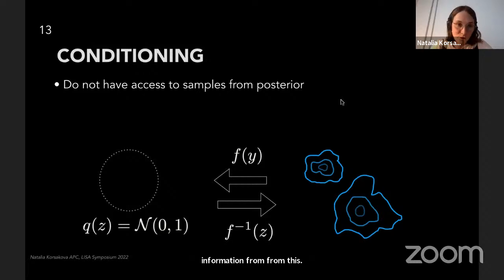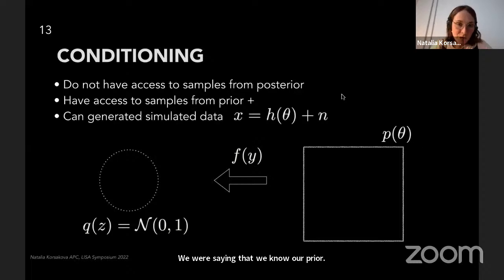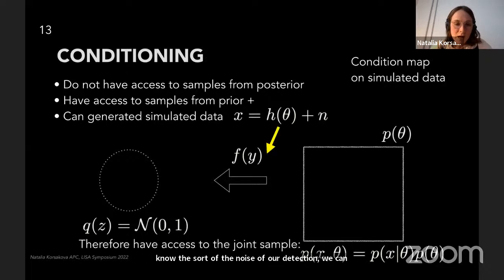So what we do is we say that we know our prior, and then we sample from the prior. But in addition to that, because we assume that we know the noise of our detector, we can generate the simulated data. And by generating the simulated data, we have access to the joint sample.